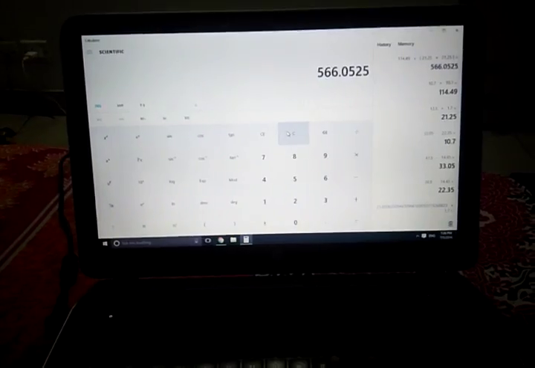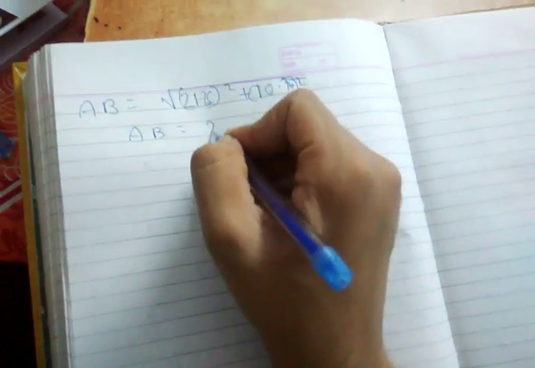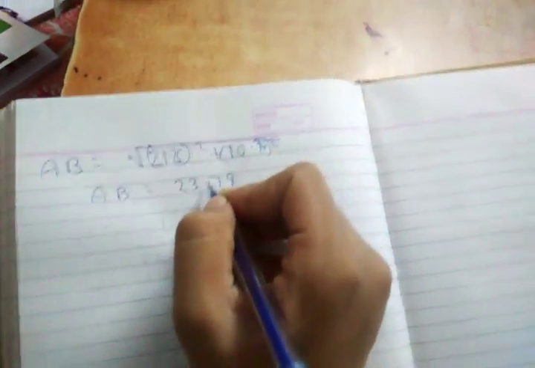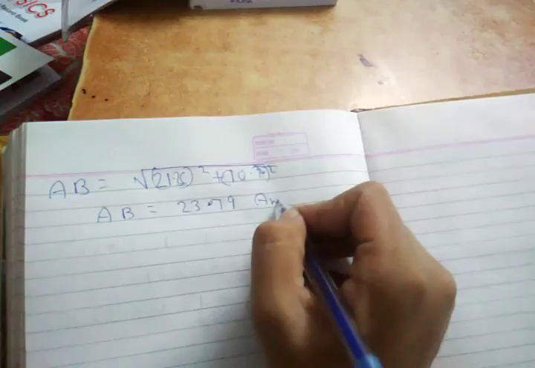What's the value? It's equal to 566.065. And what's the root of this? The root is 23.79. AB is equal to 23.79, and this is our final answer.